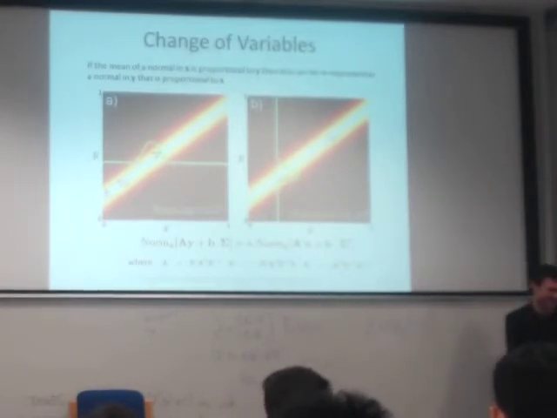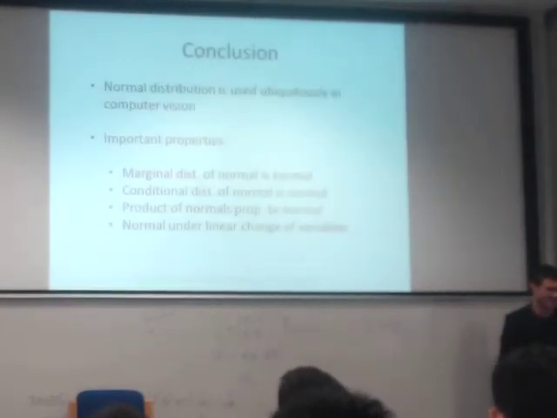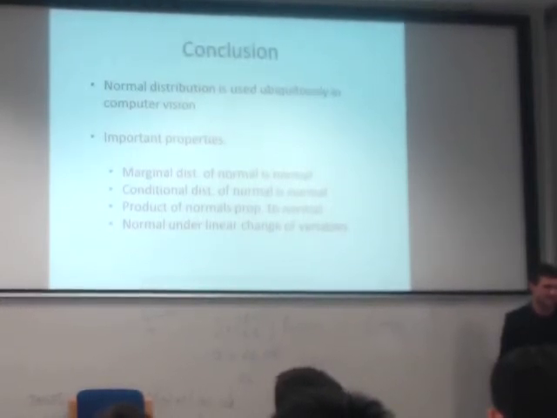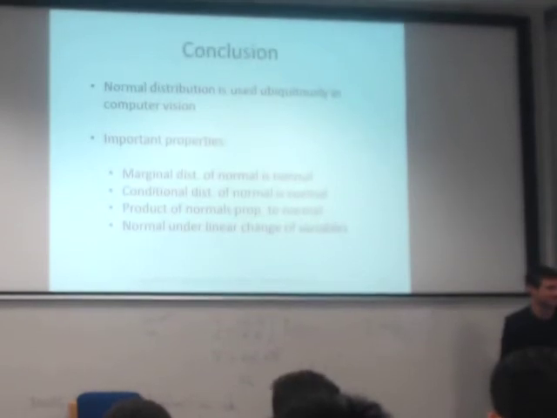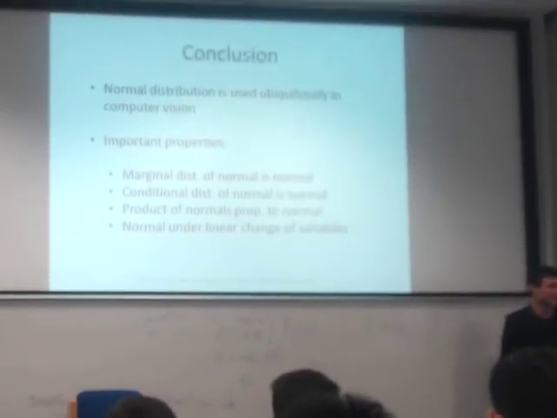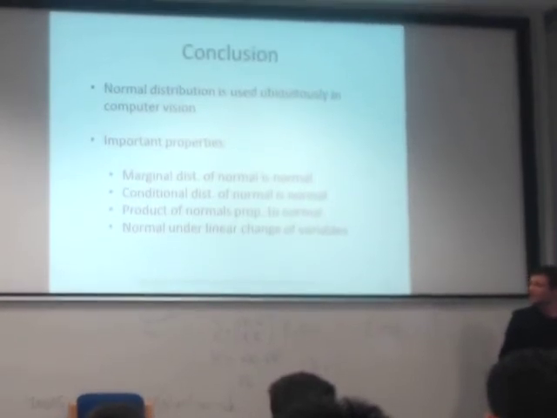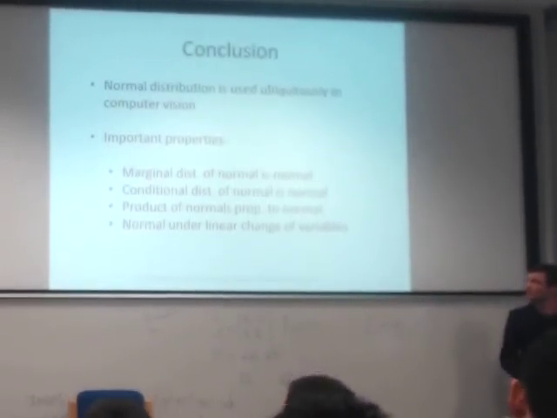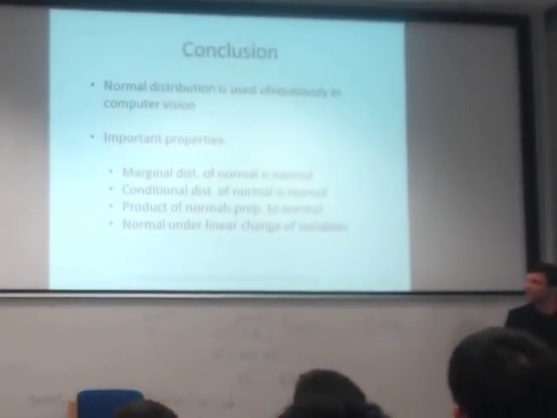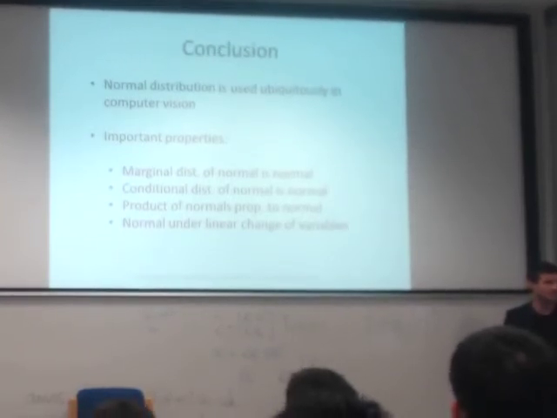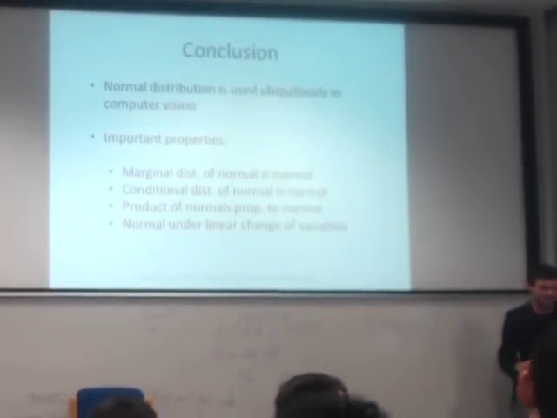Anyway, to summarize, just an overview of some of the properties of the multivariate normal distribution. There's the list of properties. The marginal distribution of the normal is also normal. The conditional is also normal.